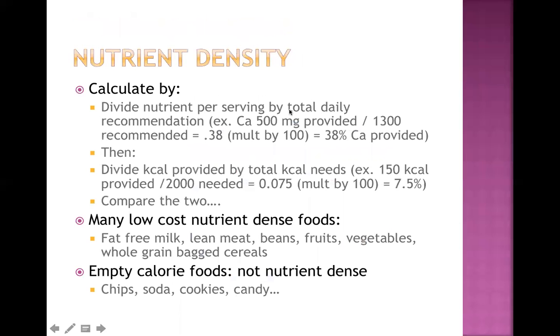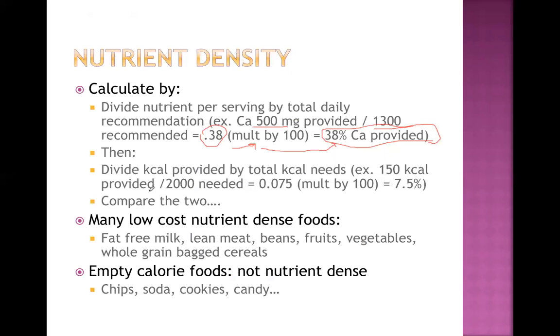We know that calcium is found in milk, and in this particular glass of milk, there is 500 milligrams of calcium. During the day, we need 1,300 milligrams of calcium. So we divide 500 by 1,300, and we get 0.38. To convert this to a percentage, we multiply by 100, and we get 38% calcium. So in this milk, we can get 38% of our calcium needs.